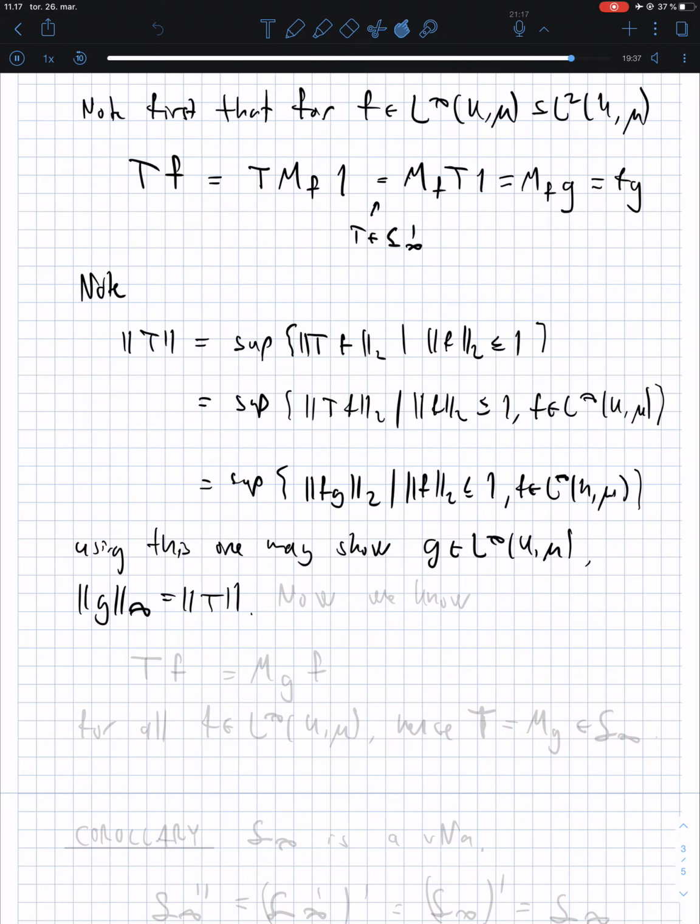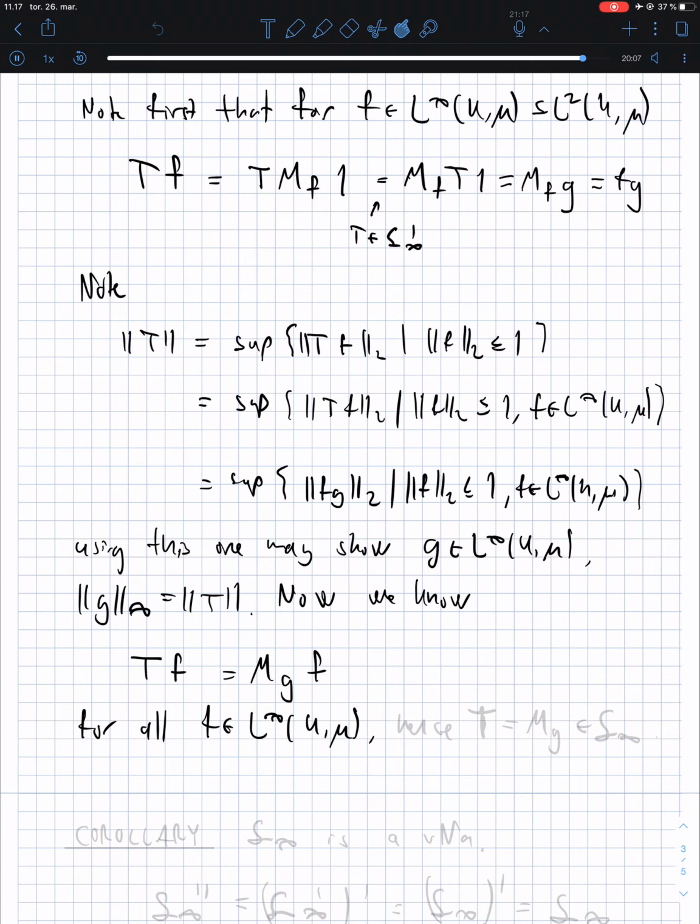But then we're done, right? Because now we know that T applied to f is the same as Mg applied to f for all f lying in L infinity of K, mu, and that is dense.